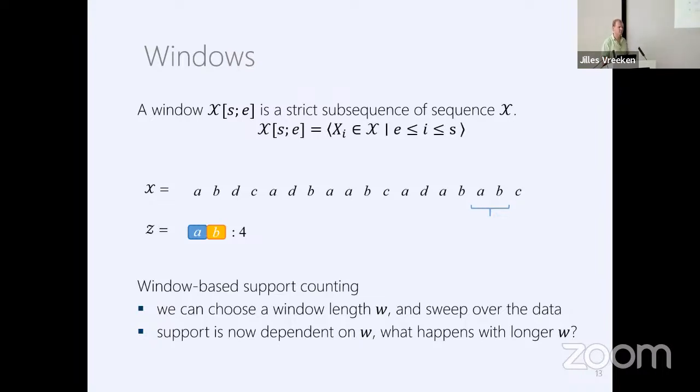What would happen if I would not use a window length of 2, but another number? Choose your favorite number. Basically the question is, what could possibly go wrong? Yeah, exactly.